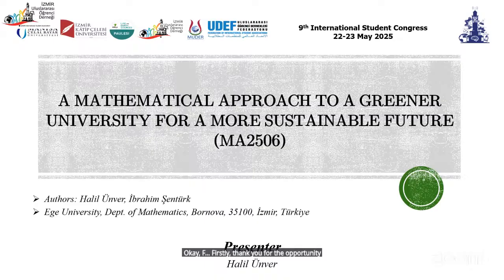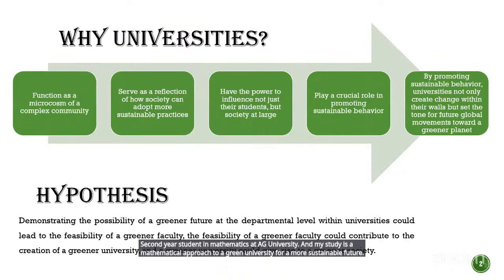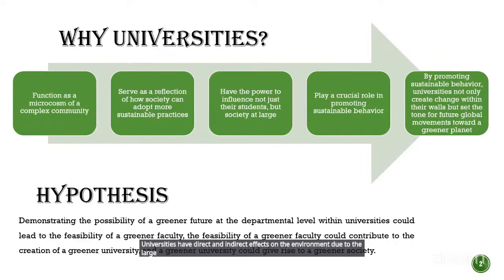I am Halil Ünver, a second year student in mathematics at Ege University. My study is a mathematical approach to a green university for a more sustainable future. Universities have direct and indirect effects on the environment due to the large population and various activities they host, and for this reason they are called small cities.